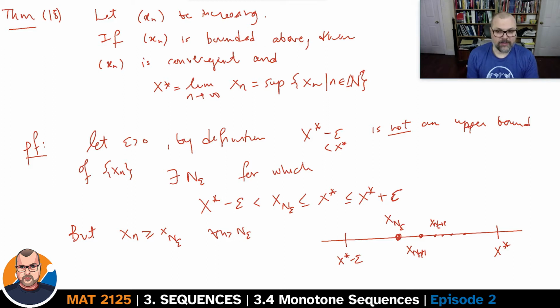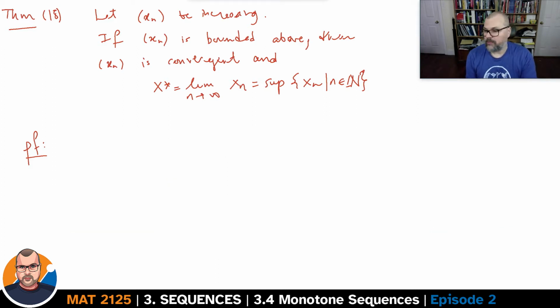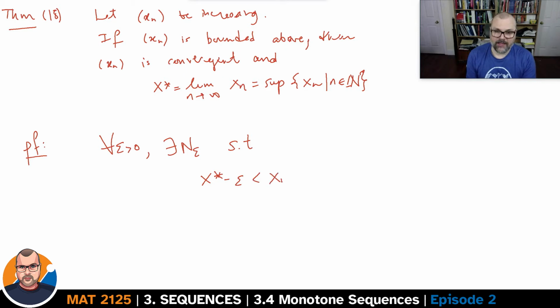What this really means is that for every epsilon greater than 0, there exists this n epsilon, which we found because x star minus epsilon was not an upper bound of the set of values the sequence can take, such that x star minus epsilon is going to be smaller than xn, and smaller than x star plus epsilon, for every value of n greater than n epsilon.